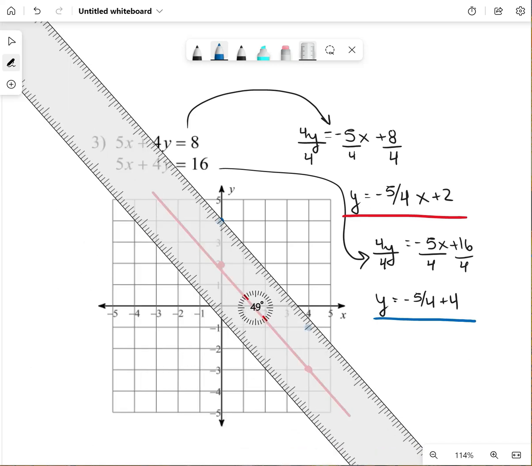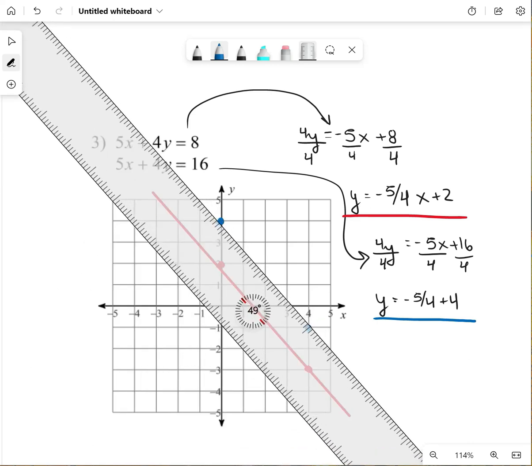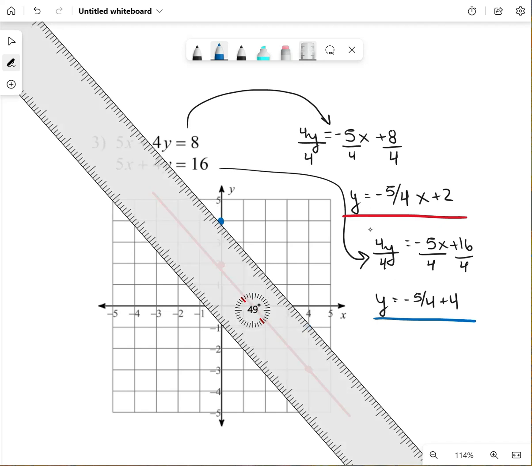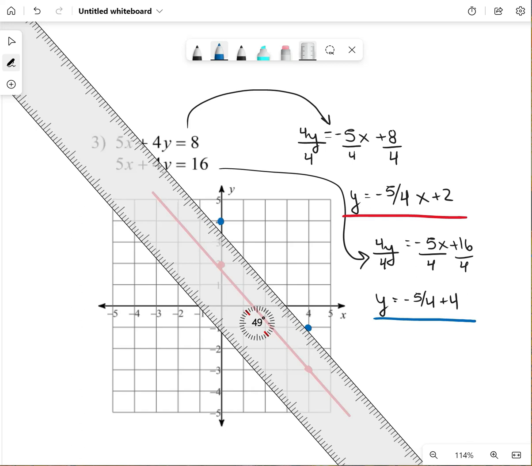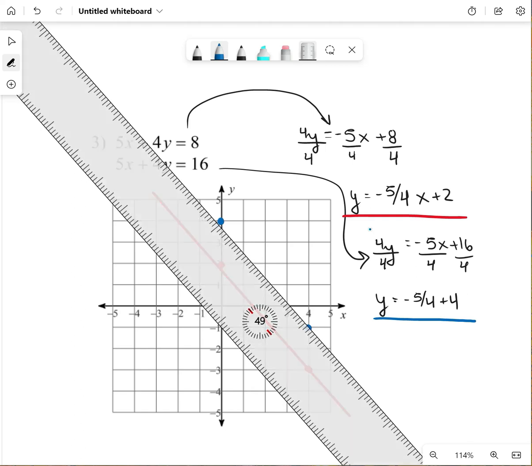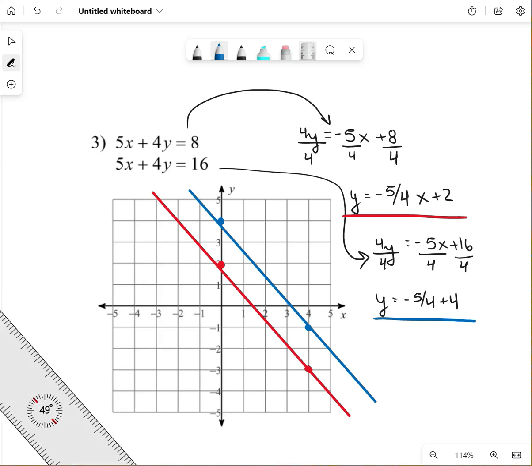Now, when we connect those, you should notice, okay, there's something unique about these two. These two lines are what we know as, maybe you remember, they are parallel. So they're parallel lines, which actually means there are no solutions. So there are some special scenarios in which you may have no solutions.